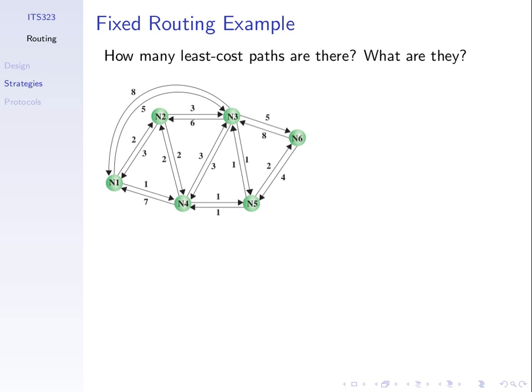So when it has a packet destined to node 3, it just looks up: to reach node 3, I need to send to node 4, and then it will send to 5 and 3. And if node 1 has a packet destined to node 5, it just looks here. The path to node 5, I send to node 4. And the path to node 6, I send to node 4. So we calculate the least cost path first, and then inside the node store that path information.